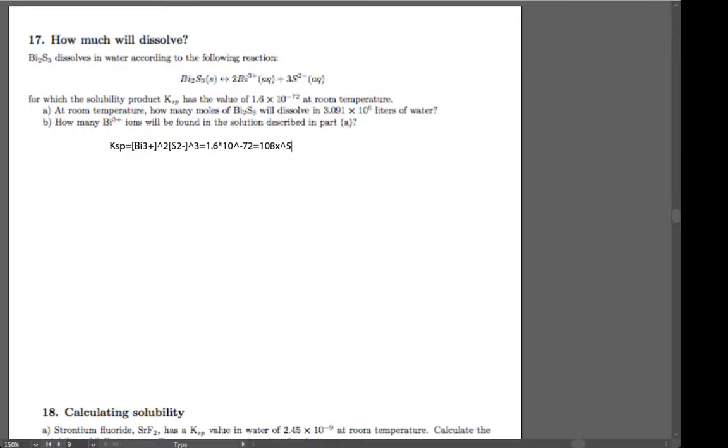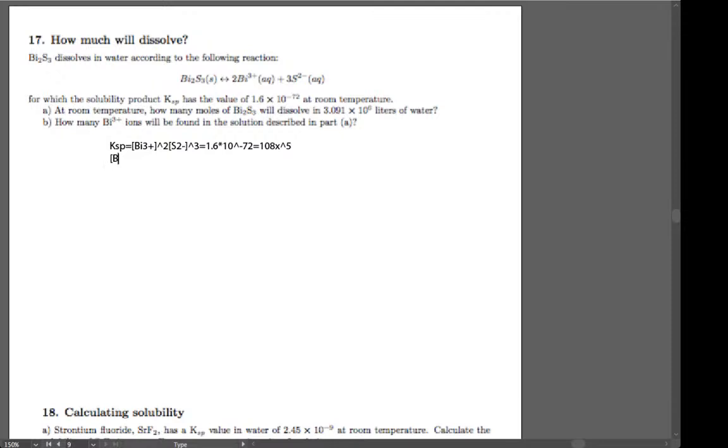What I can do now is take the fifth root of the answer, and that should give me the concentration. So that would be the constant.